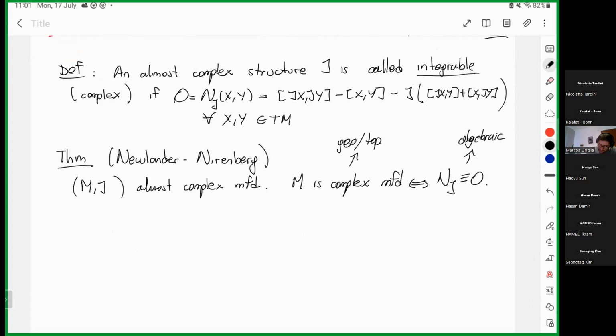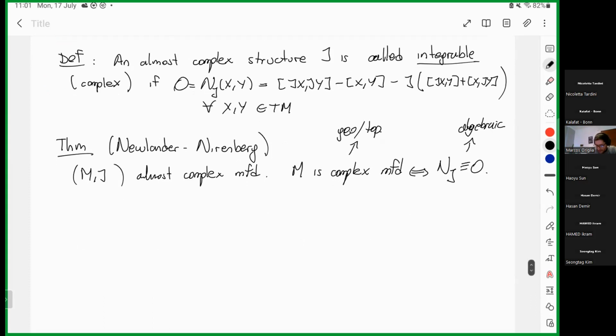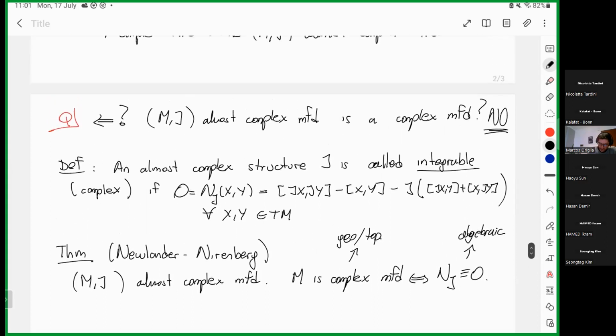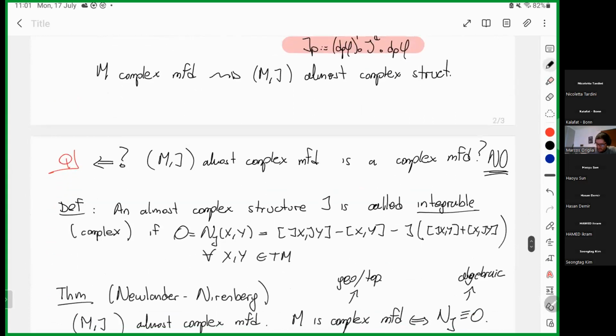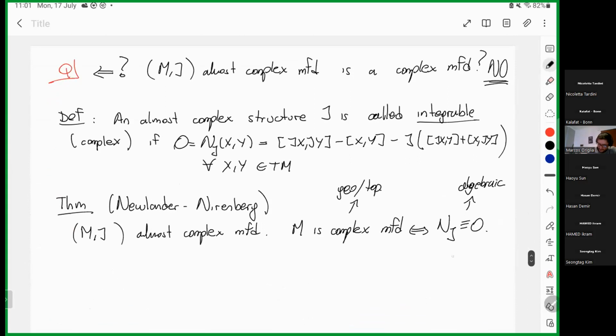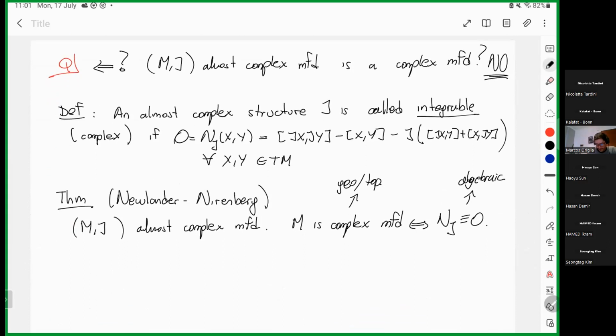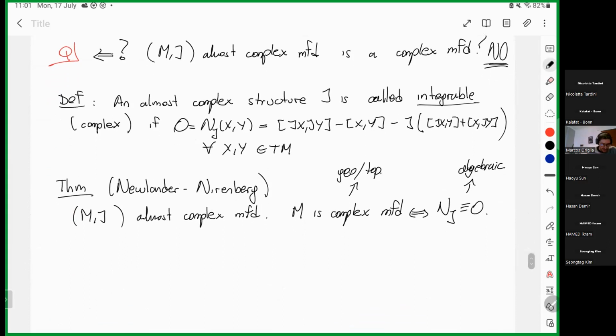So the theorem is very nice. There is one easy direction: if you have a complex manifold, you can define the almost complex structure as we did, and from there it's easy to prove that this tensor vanishes. The other direction is harder.